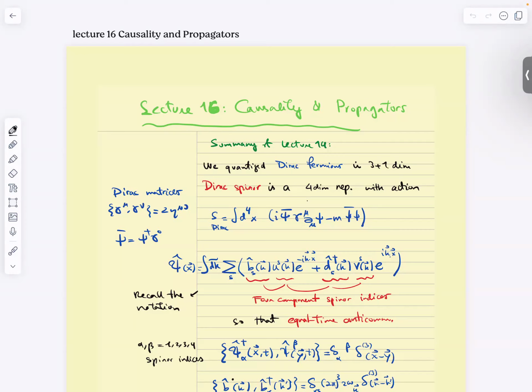We talked about the symmetries that come up: charge, parity, and time reversal. We're going to talk about that in more detail today. So we're going to be talking about charge, parity, and time reversal, how they act on the spinor, on the Dirac field. And then we're going to end with some comments on causality and propagators. And that will wrap up this section.